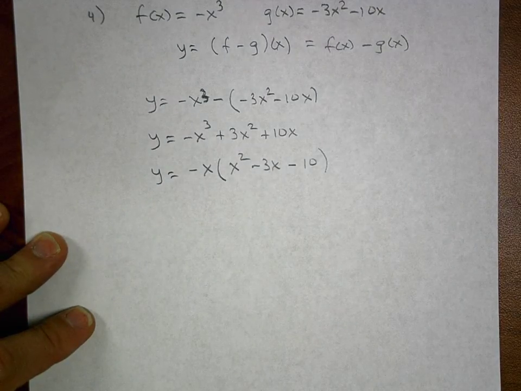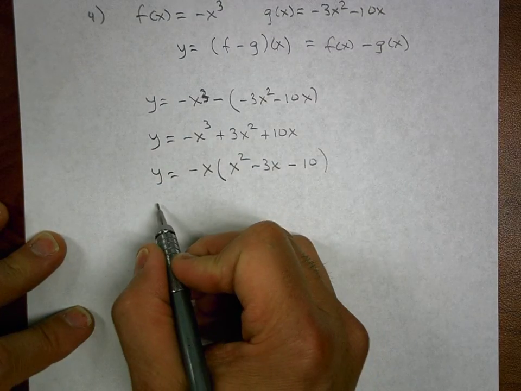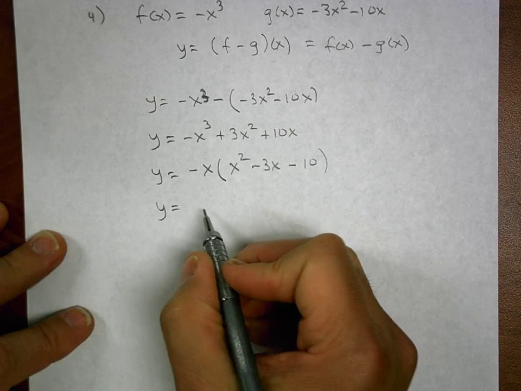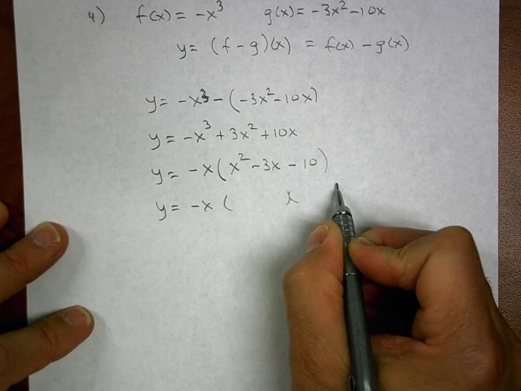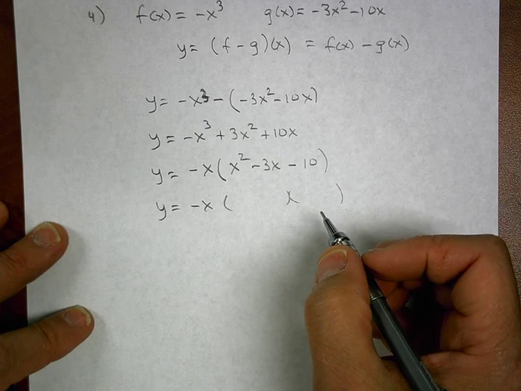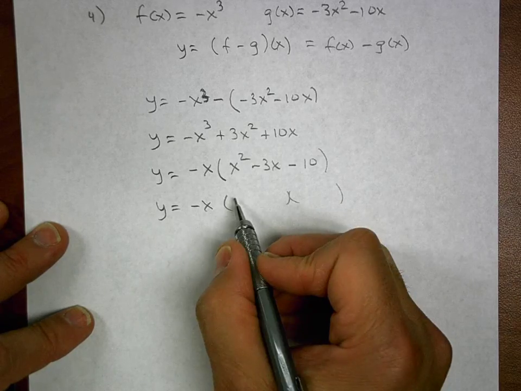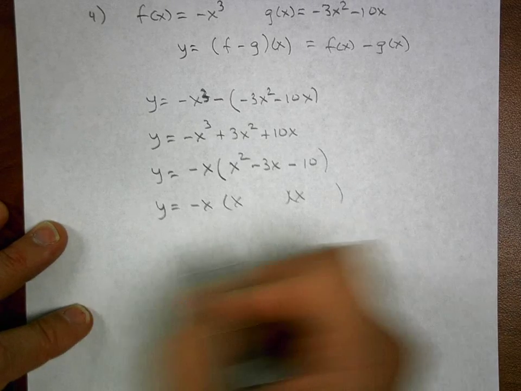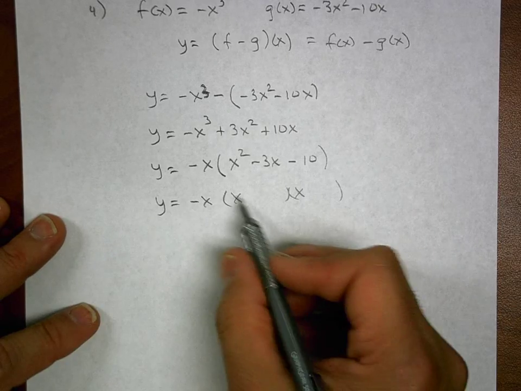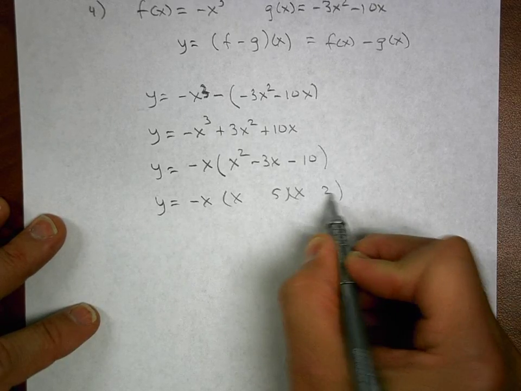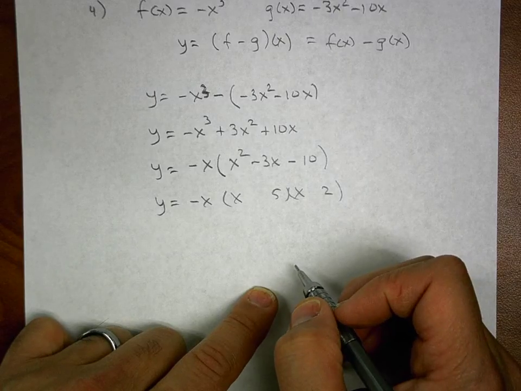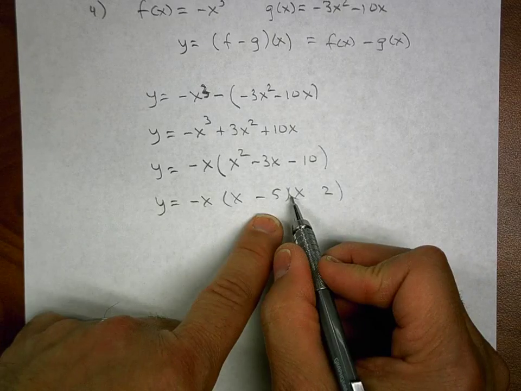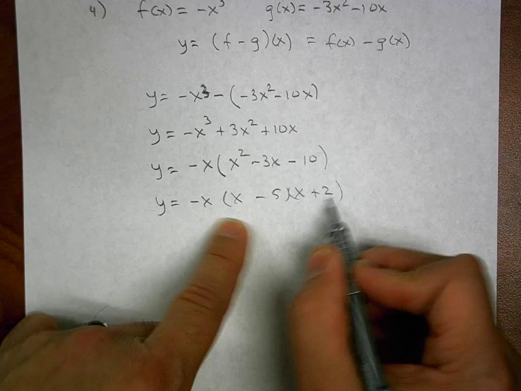Perfect. What do we do now? Well, it's not quite ready to graph. We could factor this other trinomial here. Looks like 5 and 2, right? So x times x. You guys are getting good at factoring here. 5 times 2 is 10. We need a negative 3. Where is the negative 3 going to come from? Negative 5x, the inside, plus 2x, 5, negative 10.